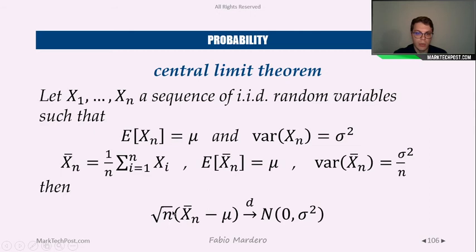Here we are normalizing, and there's an error here, it should be 1. This means that we are normalizing the random variable, but we are just saying that this sample average, as n approaches infinity, will approach a normal distribution with mean mu and variance sigma squared over n.